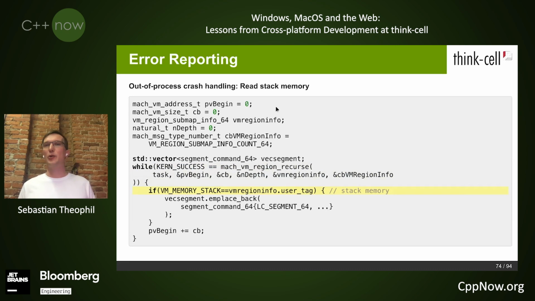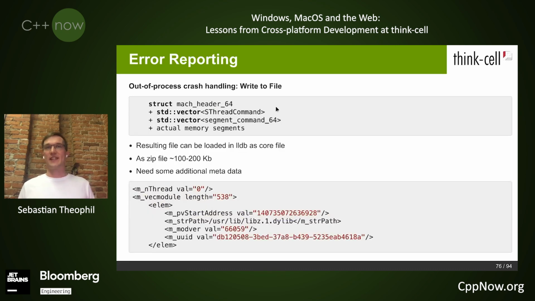And then you include it into your binary file. And if you've assembled all that information, then you write it into a file: the binary header, the thread states, the memory segments, and the actual memory contents from your stacks. And the resulting file can be loaded into LLDB as a core file, and zipped it is like 100, 200 kilobytes in size, similar size to Windows minidumps.